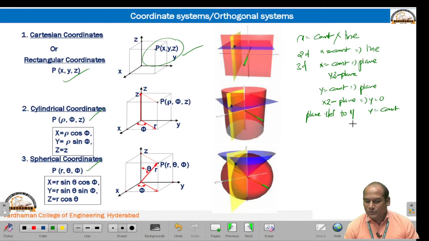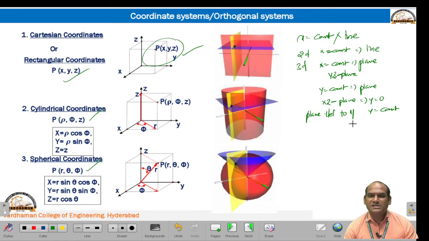Similarly, we can take z is equal to constant or z is equal to 0 plane. So all these things are planes. The intersection of these 3 planes, x is equal to constant, y is equal to constant, z is equal to constant, is representing the point in the space. This is the way of representing the point in the space by using the 3-dimensional rectangular coordinate system.